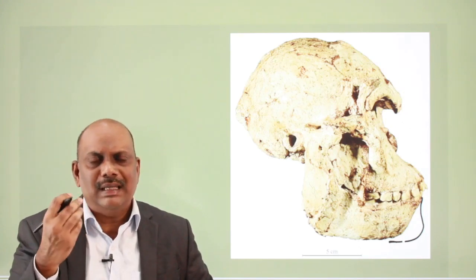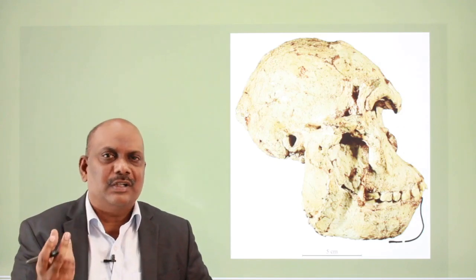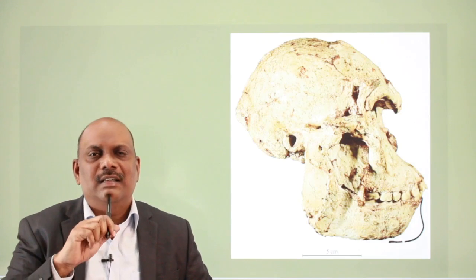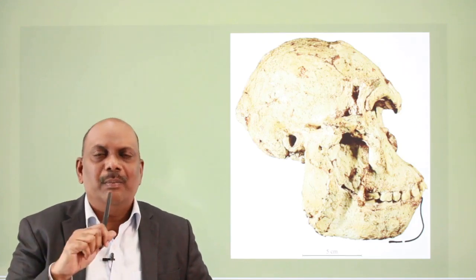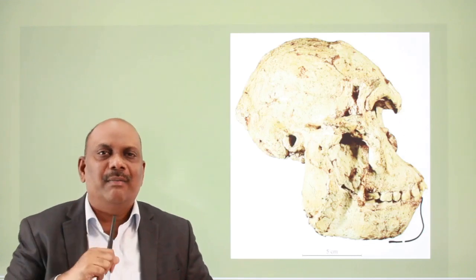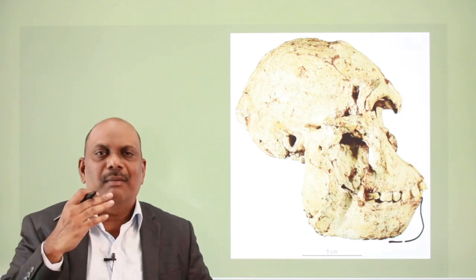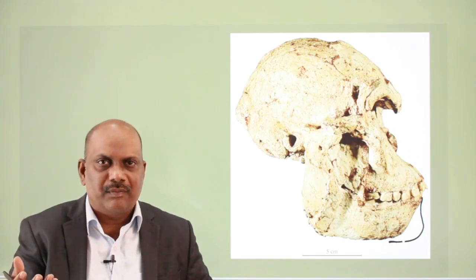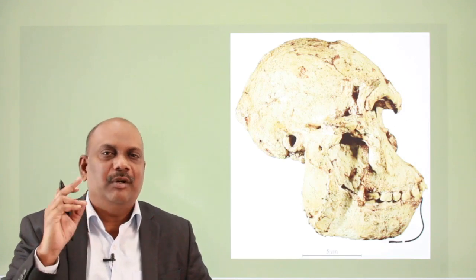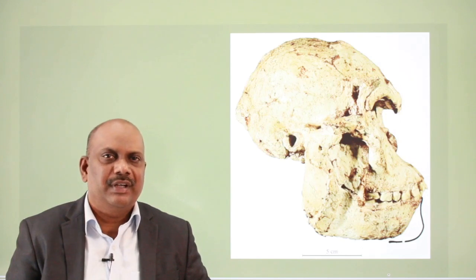And the jaw became thinner and thinner in the course of evolution, thinner but stronger. When they bite and chew, automatically there will be stress in the chin region. To make the bones here stronger, the chin developed as a reinforcement. So the chin developed only during the later stage. And absence of chin, as I told you, is a very important primitive character. Even in Australopithecus, chin is absent.